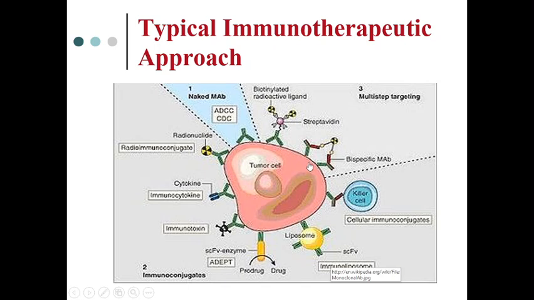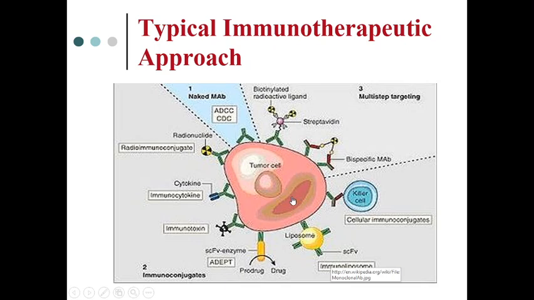Then there are monoclonal antibodies with two different Fab sites, that is, bispecific monoclonal antibodies, in the sense they are capable of recognizing two different antigens on the tumor surface at the same time. Bispecific monoclonal antibodies conjugated to radionuclide can be used to kill the tumor cells.